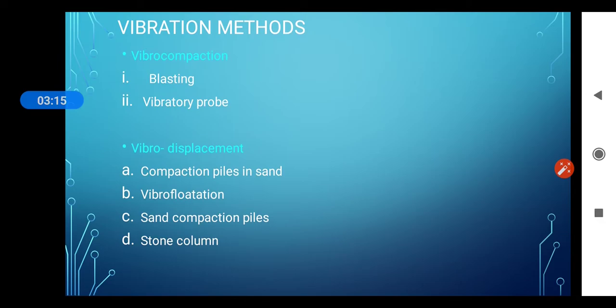There are three methods in use as vibro compaction methods: blasting, vibratory probe, and vibratory compactors.